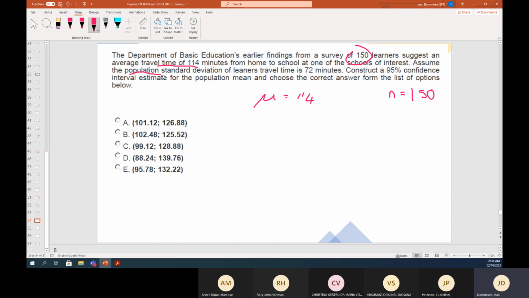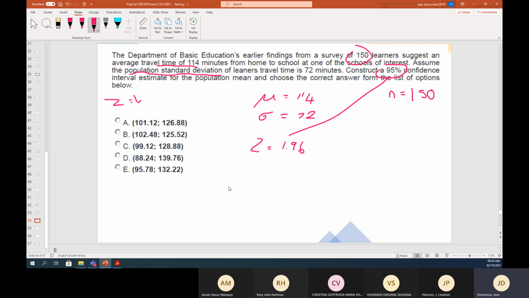Assume population standard deviation. Okay, so we know we can work with a Z here. So standard deviation travel time is 72 minutes. Work with a confidence interval of 95. So 95, we know the Z is 1,96. And then we need to choose the one that is closest.